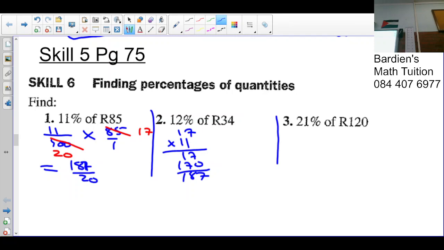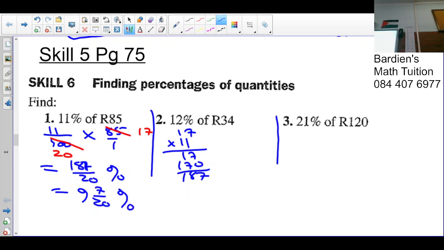But if they want you to write it as a percentage, you can leave it like this. Or 20 goes into 180 nine times. So it's 9 and 7 over 20 percent.